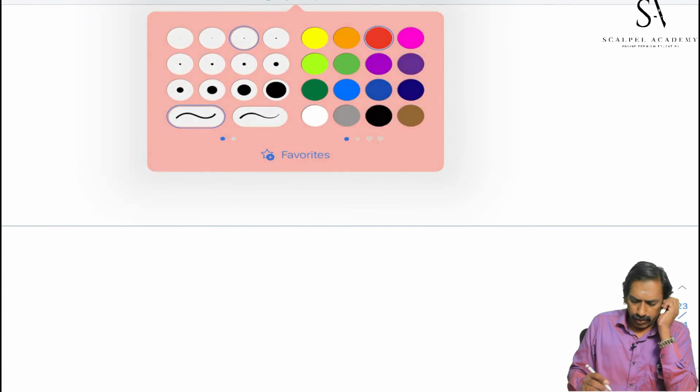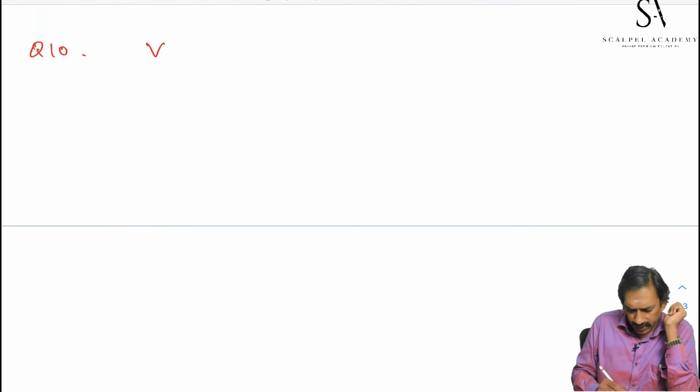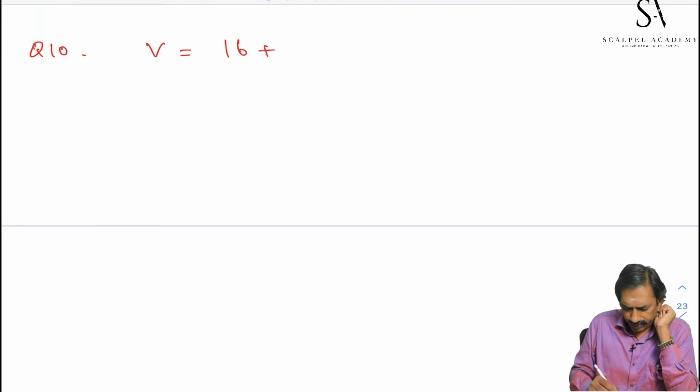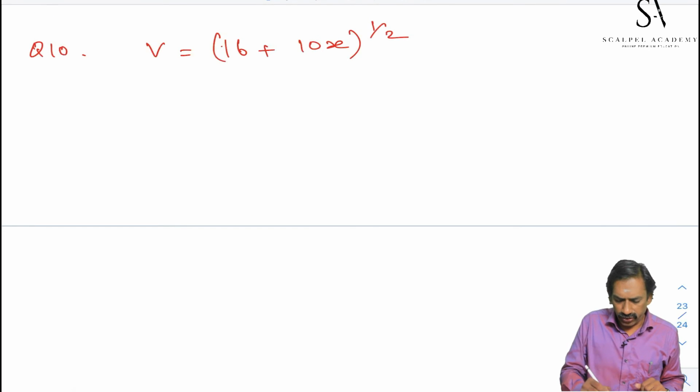Students, we go to the next problem. Velocity is equal to the square root of 16 plus 10x. Find the displacement as a function of time.